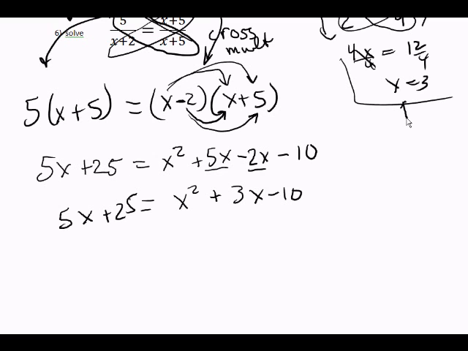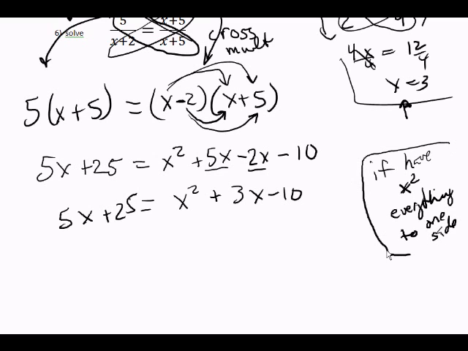Okay, so we ended up with this. Now, since I have an x squared, normally I want it like we did up here. You want x on one side, everything else to the other. But if you have an x squared, you need everything to one side.